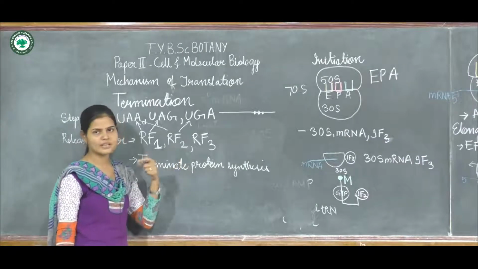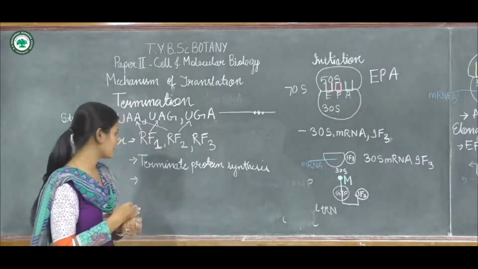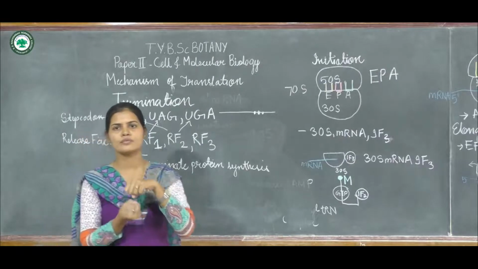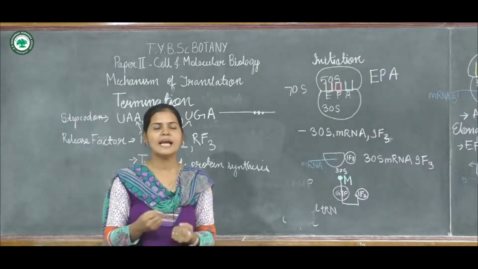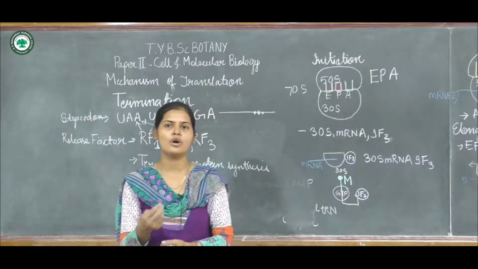Due to this release factor, the ester bond present in the polypeptide will be broken down, and lastly the two subunits of the ribosome also dissociate, and now they are available for the next round of translation.